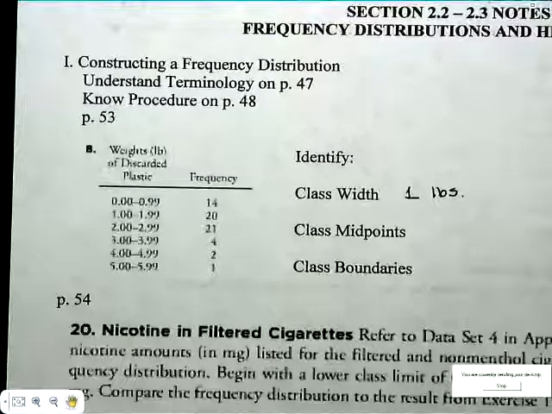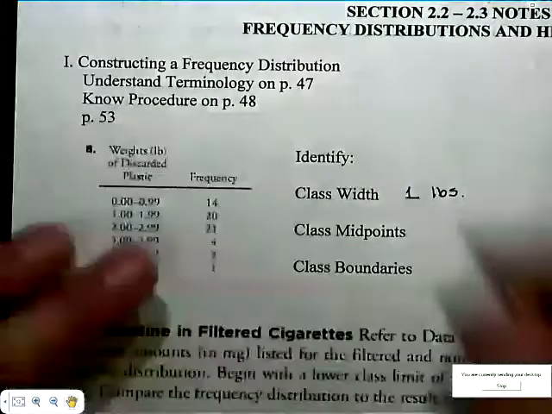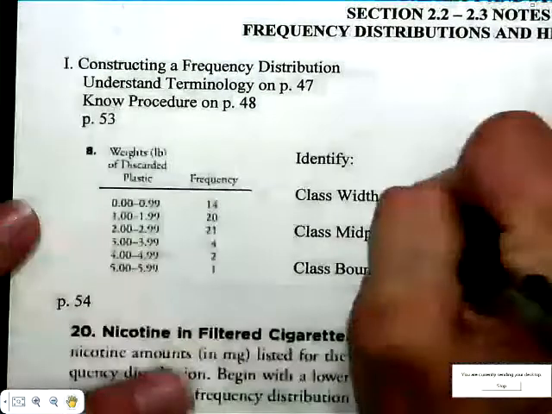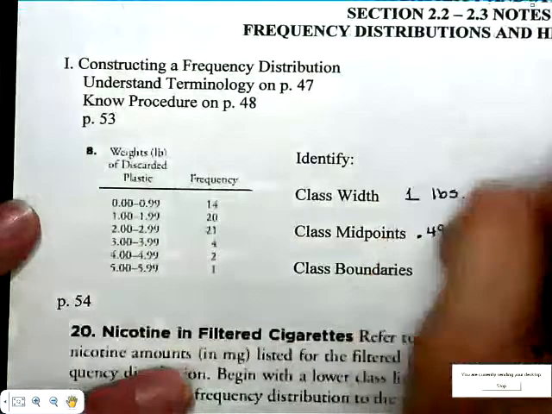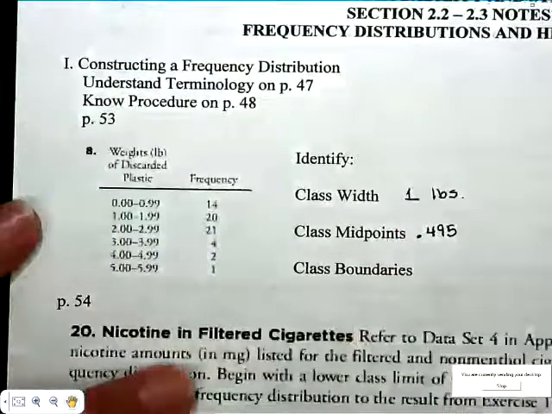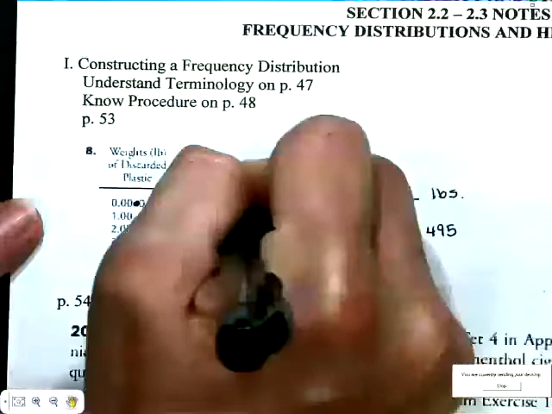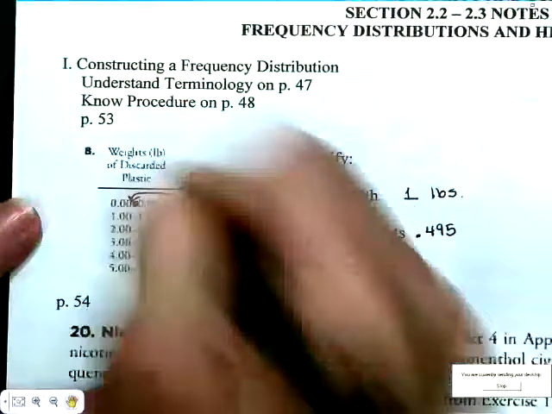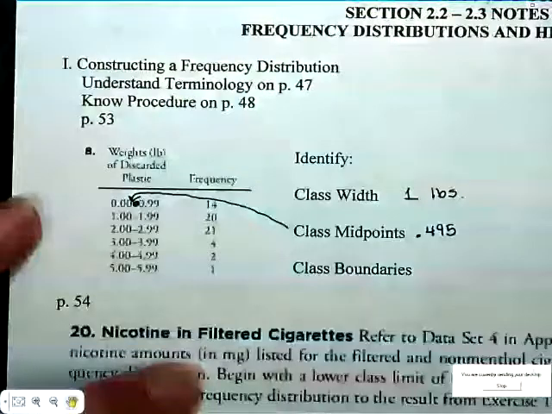So 0 plus 0.99 is just 0.99. 0.99 divided by 2 is 0.495. 0.495 would be the first class midpoint, halfway in between the lower and upper limits for that class.